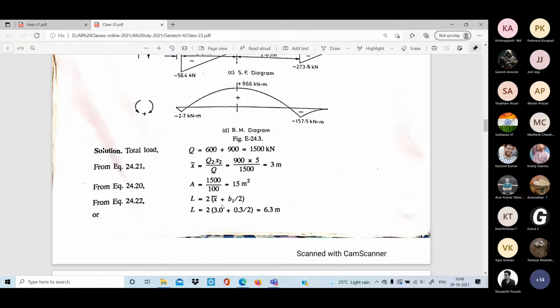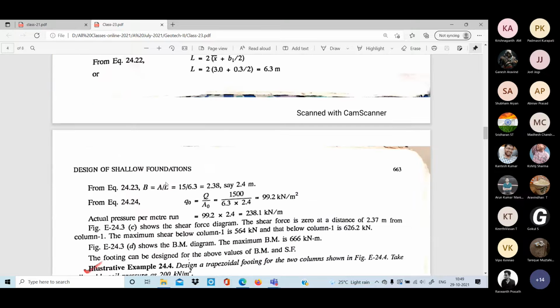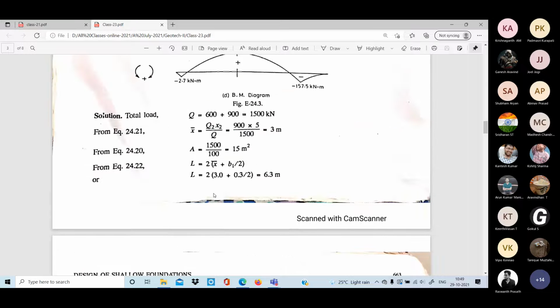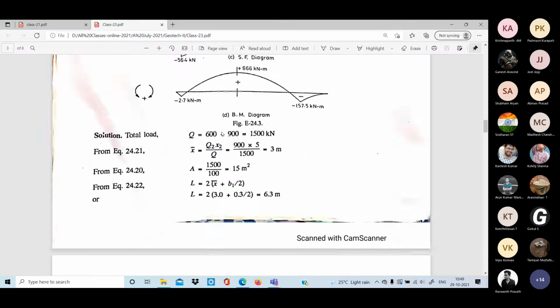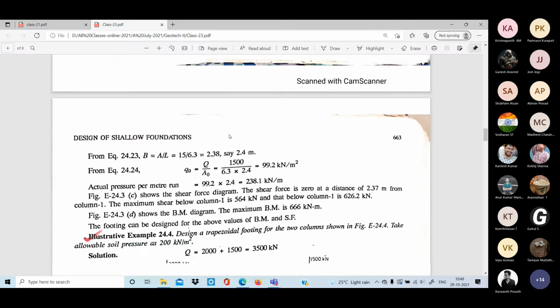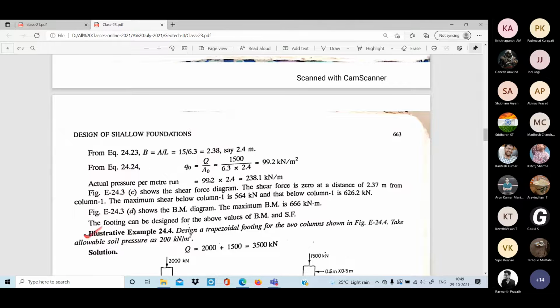From the area we get L, then we'll get the B. So B we can calculate as area by L. So B is given as 2 point something. Here we have written 2 point width, okay, not length, width. Length I have already given. So likewise, after calculating that, the actual soil pressure can be calculated. Okay. Then actual soil pressure per meter run can be calculated.